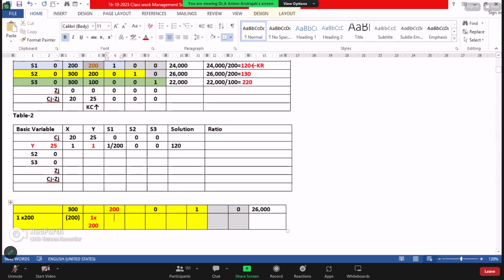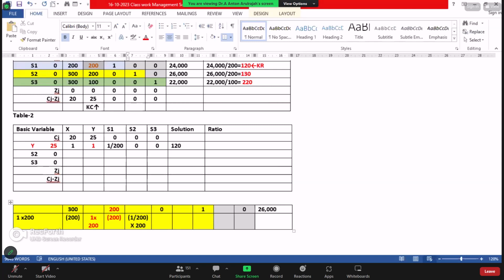That is also 200. Then this 1 by 200 has to be multiplied by 200.